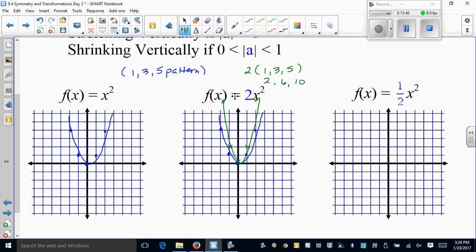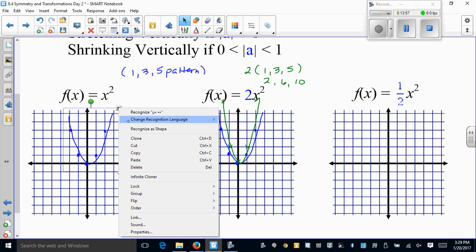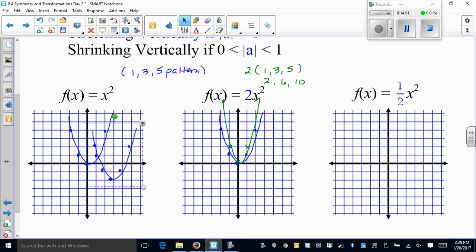Okay, now let's clone this guy again. I do realize that, unfortunately, you guys get to graph all of those, but you get to pause. Clone this guy again, I'm going to bring him over. And this time, I'm going to do 1/2 times my 1, 3, 5 pattern.